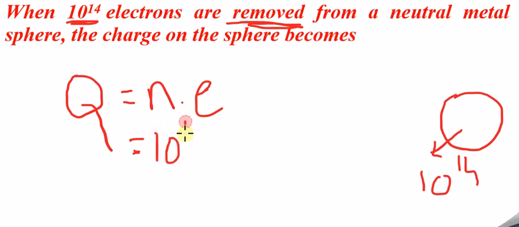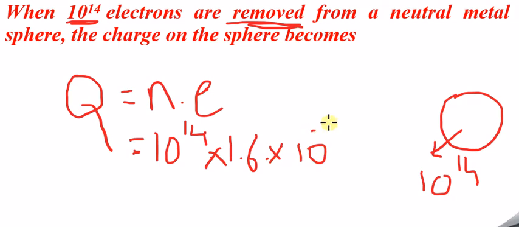Q is the total charge which we have to calculate on the sphere. E is 1.6 into 10 power minus 19. If you solve this, 10 power 14 times 10 power minus 19, we will get 16 microcoulombs.